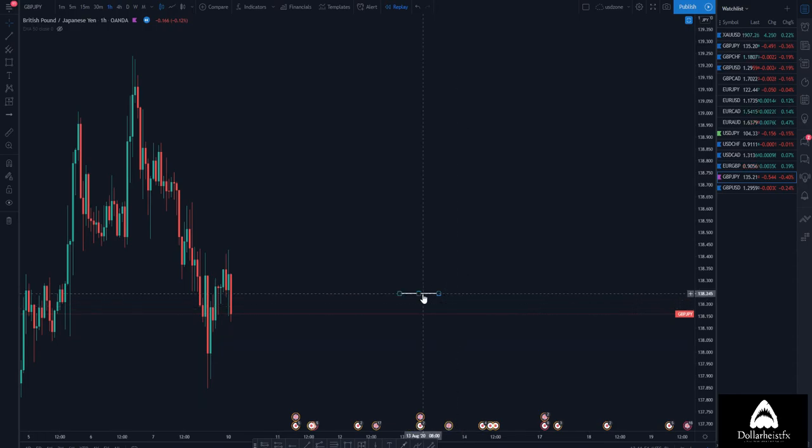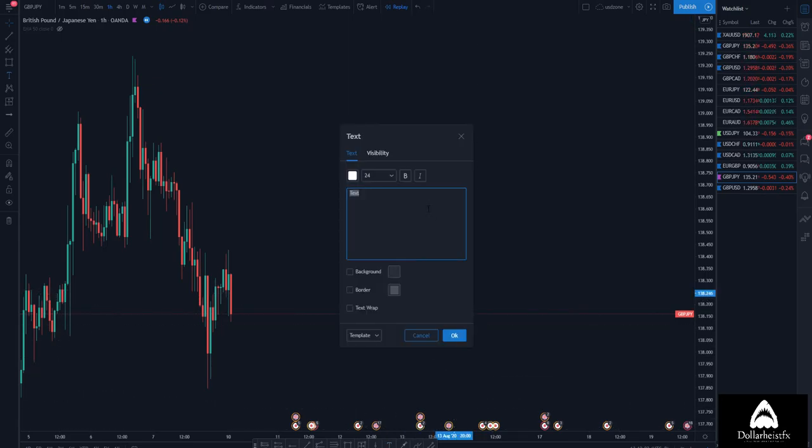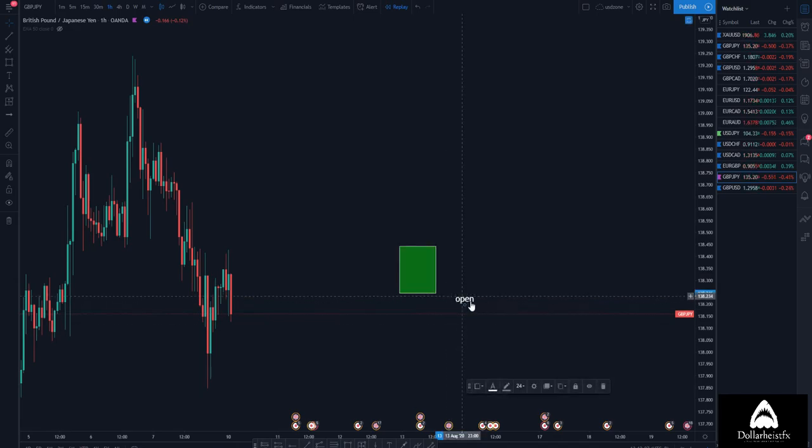This is the open price. As for the uptrend candle, the open price must be at the lowest, right here. This is where the new candle is formed, and then it goes up.